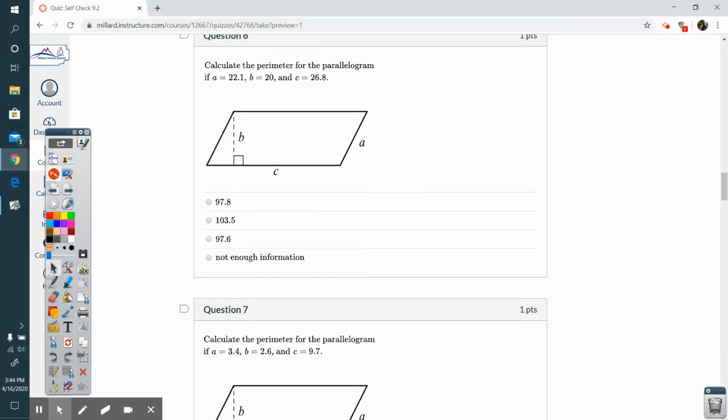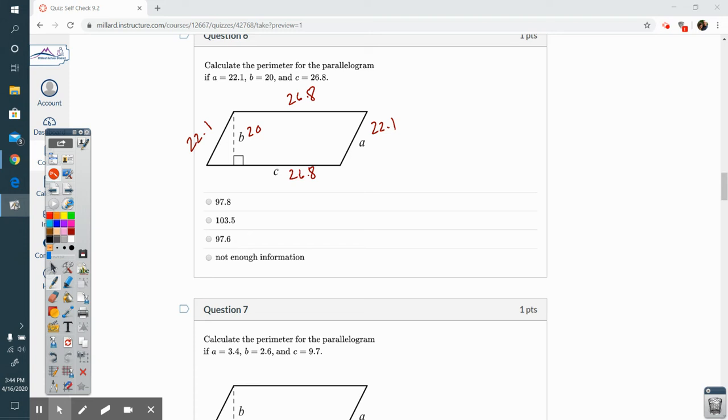Calculate the perimeter for this one. Now let's look at it. B is 20. A is 22.1. And C down here is 26.8. Now, if it's a parallelogram, we know that this is 26.8 because it told us, but we also know this one is. And if this side is 22.1, we know that this side is also 22.1.